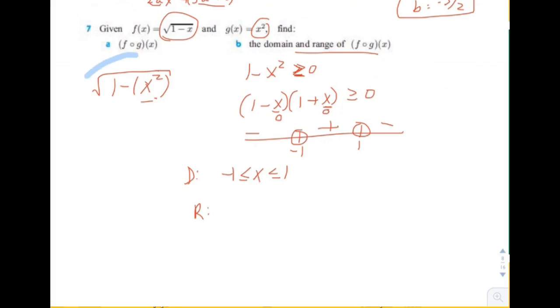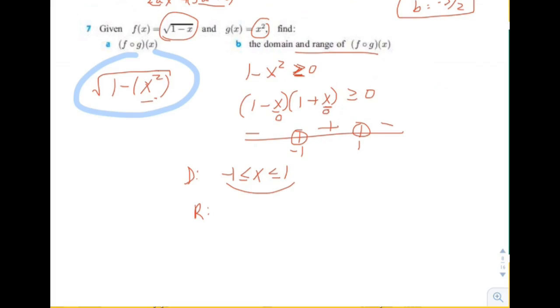And to look at the range, let's look at the original function. We know that the x values that we can put in here range from negative 1 to 1, including small values like 0. And if you put 0 in there, you can see that the biggest the inside gets is 1 minus 0, which is 1.